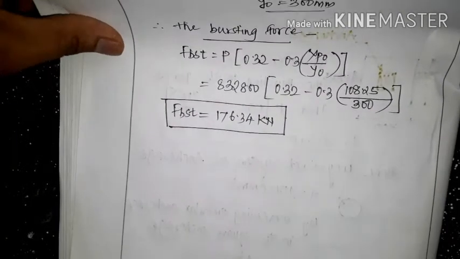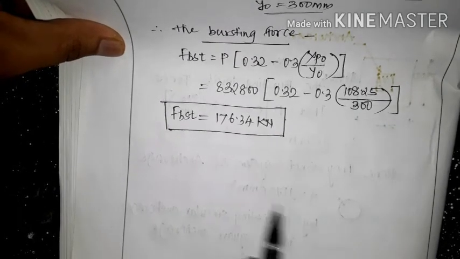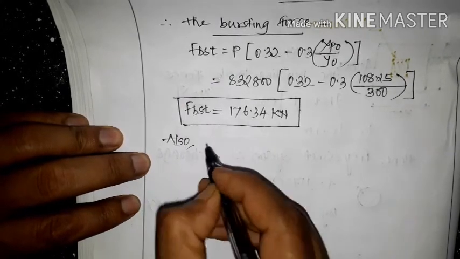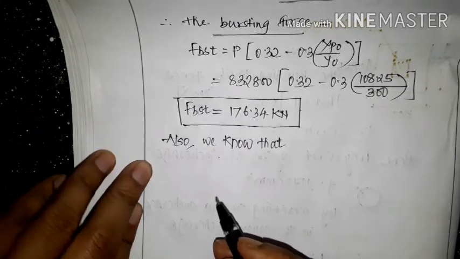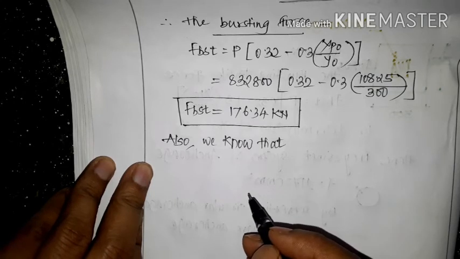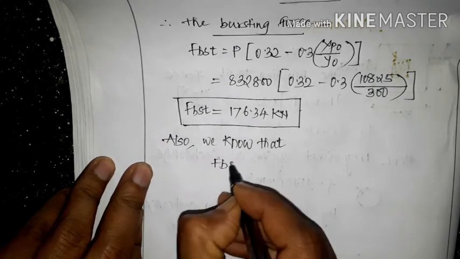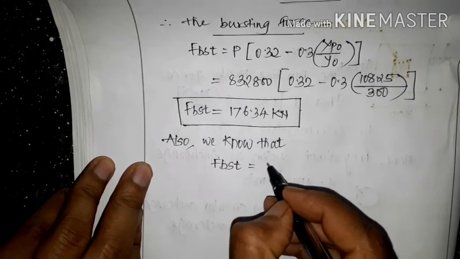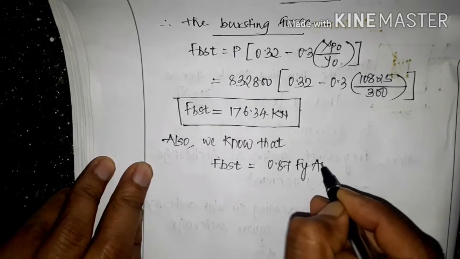So now we have to find the area of reinforcement to resist this bursting force. We know that the tension developed, that is FBST, the bursting force, should be equal to 0.87 Fy into AST.